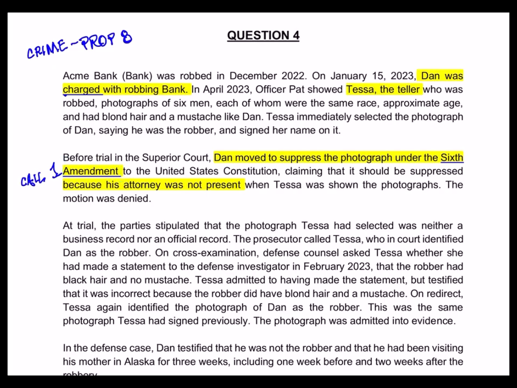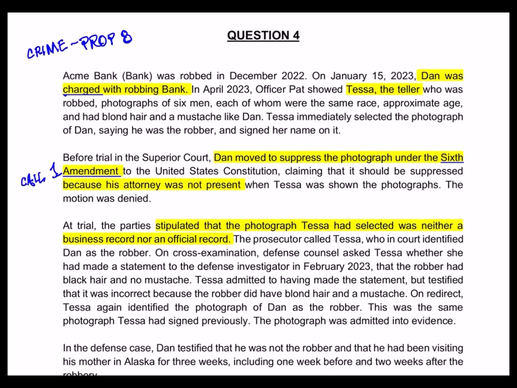Okay, now, at trial, the parties stipulated that the photograph Tessa had selected was neither a business record nor an official record, which I need to note because Call 2B is about the photograph with Tessa's signature, and I'm being told here that I cannot use business record or official record to get that photograph in as exceptions to the hearsay rule.